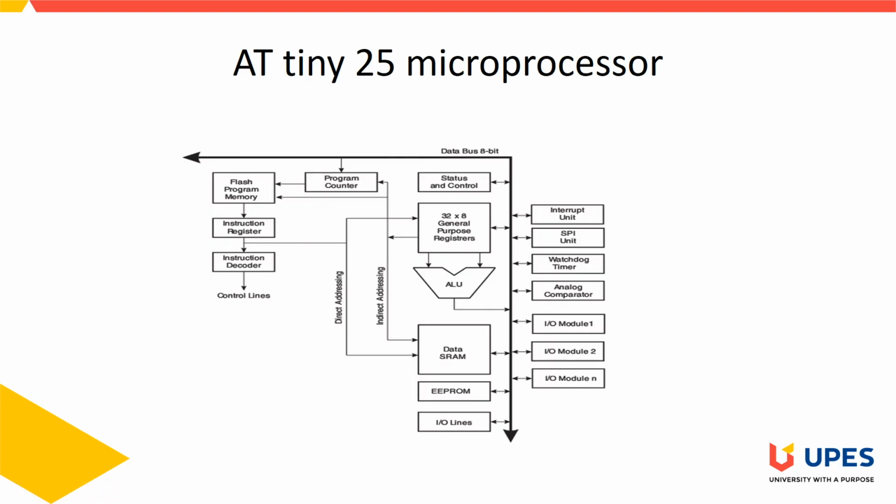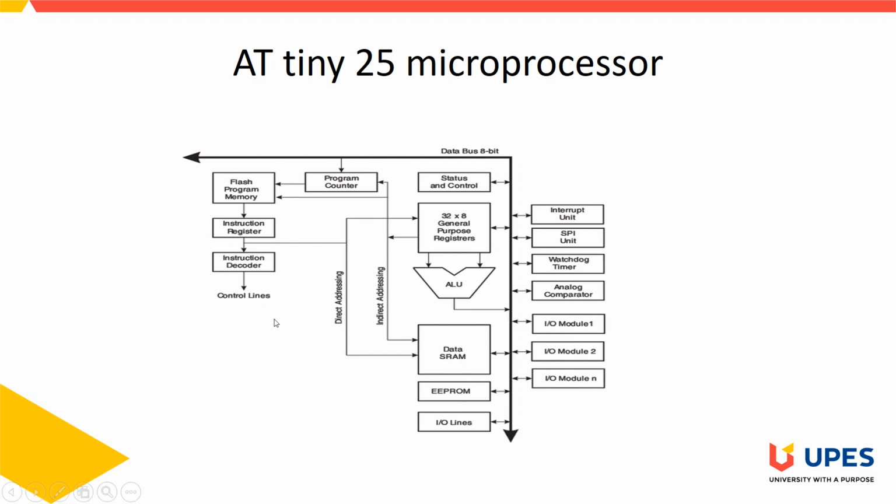Now talking about the CPU design of a tiny 8-bit processor. In this you have the ALU, then 32 8-bit general purpose registers, then a status control register, a data SRAM, then EEPROM, and input output lines.